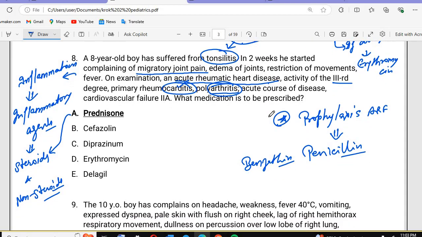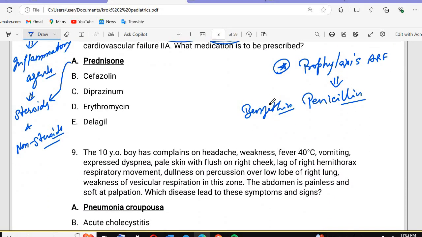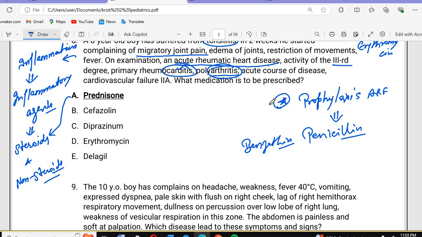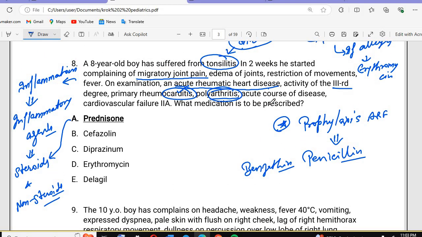Okay, and we also have to note other complications. With any patient with acute rheumatic fever, you will not just give one drug. When you go to the hospitals, you will see lots of patients treated with a long list of drugs, because sometimes there will be a side effect of one particular drug, so you have to give another drug also.